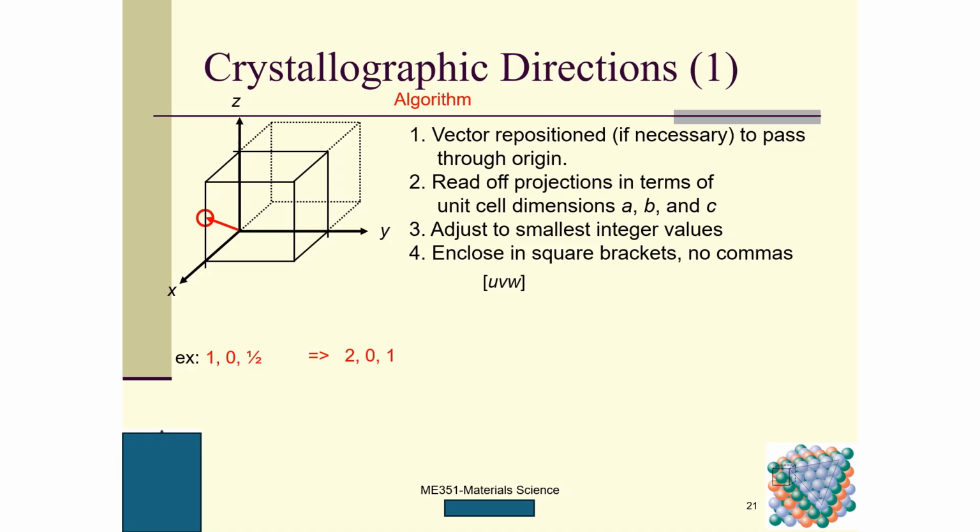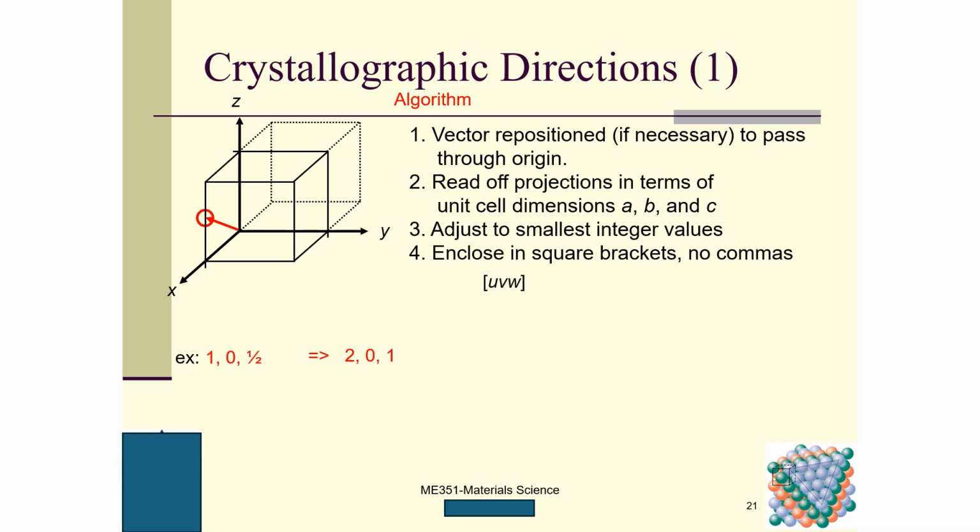For example, [UVW]. Here is an example to illustrate how to get the direction for any generic point within this unit cell. For example, this is the middle point of this vertical side. So this is x, y, z. X equals 1, y equals 0, z equals 1/2. You understand, guys? This is our first step. And then adjust to smallest integer values.